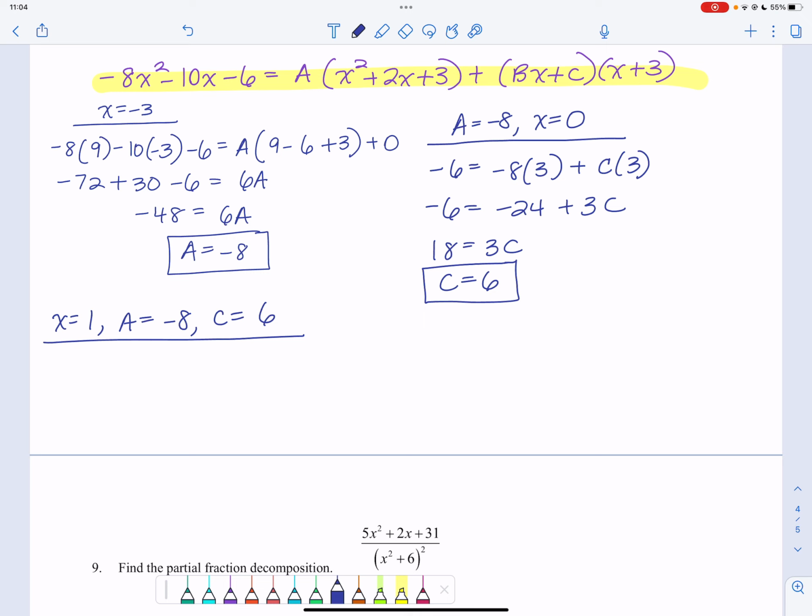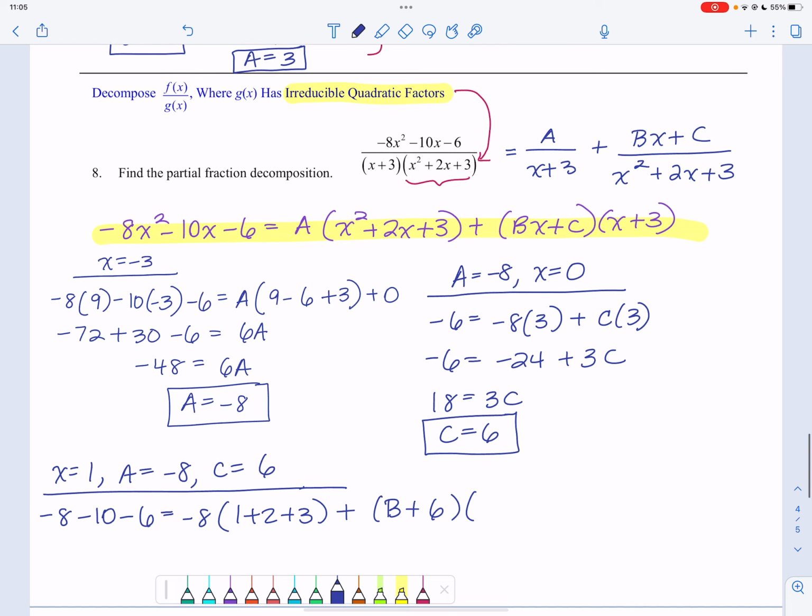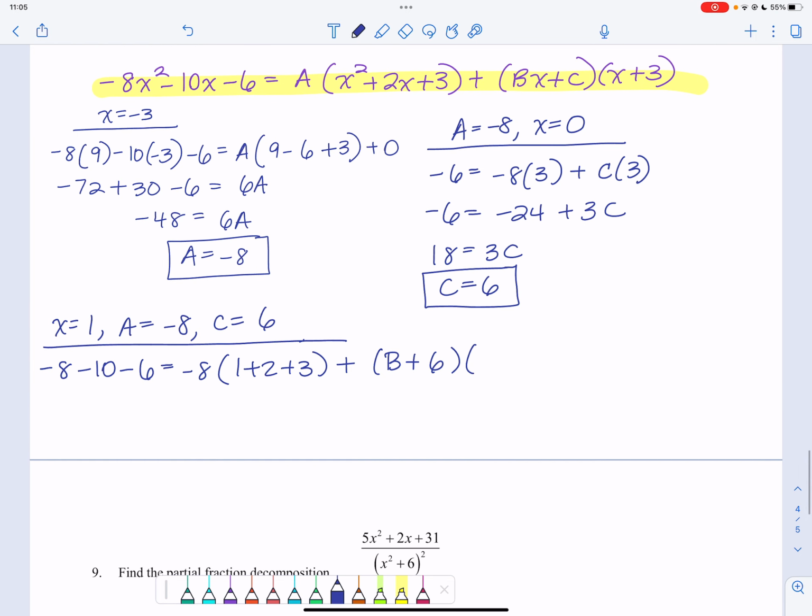If x is 1, we have negative 8 minus 10 minus 6 equals a, which is negative 8, times 1 plus 2 plus 3, plus, we don't know b, but b times 1 is just b, plus c, which is 6, and then times 4.